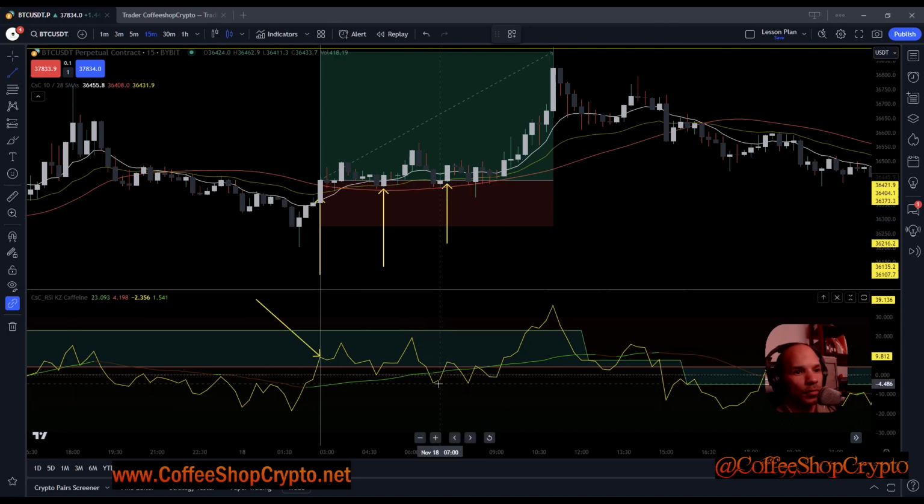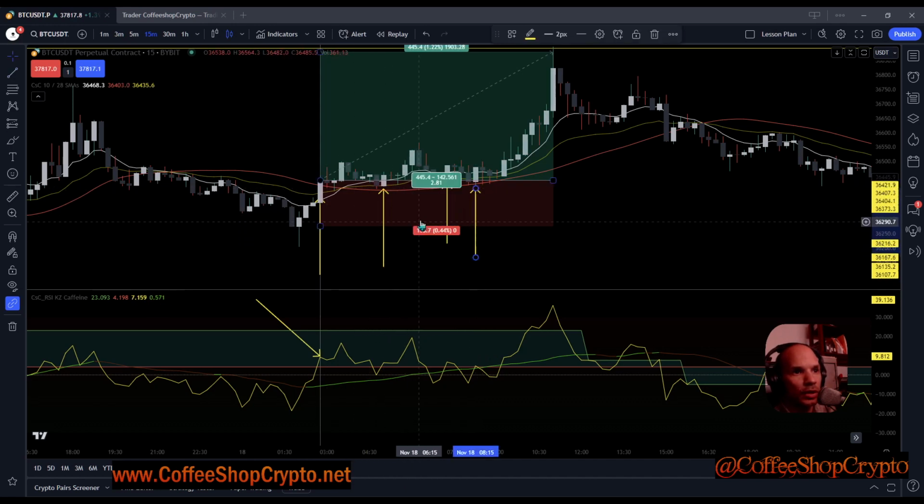Wonderful. And then down here, it dips in below the midline and the moving average is above, right? Okay. Doing nice so far. Breaks above both the midline and the moving average. And at that time, again, it has broken above the white line. So you have another entry here.